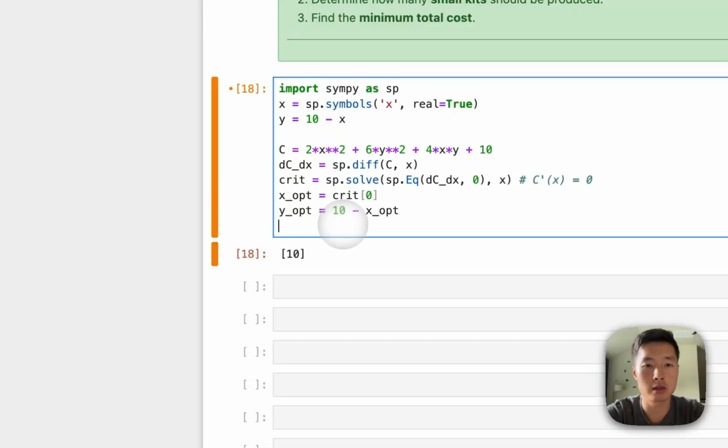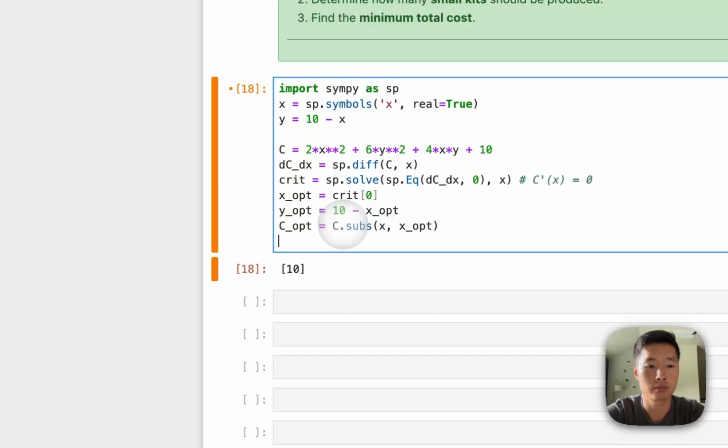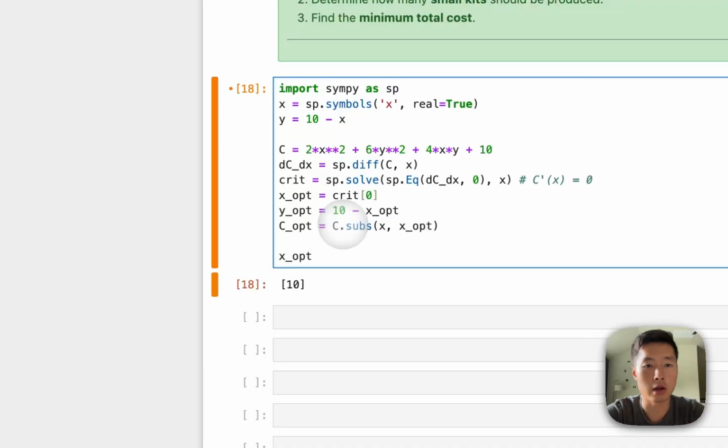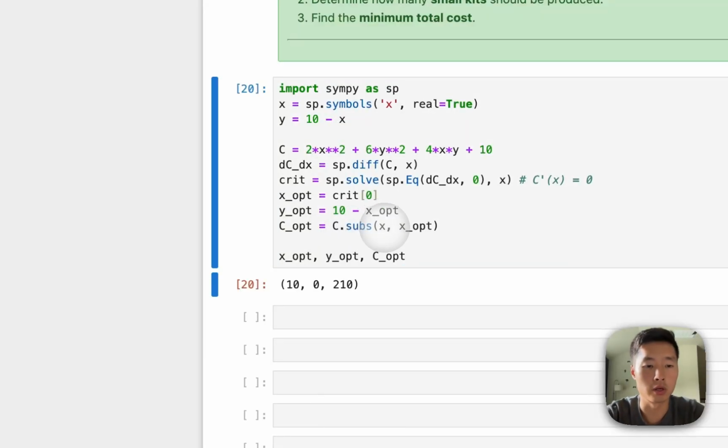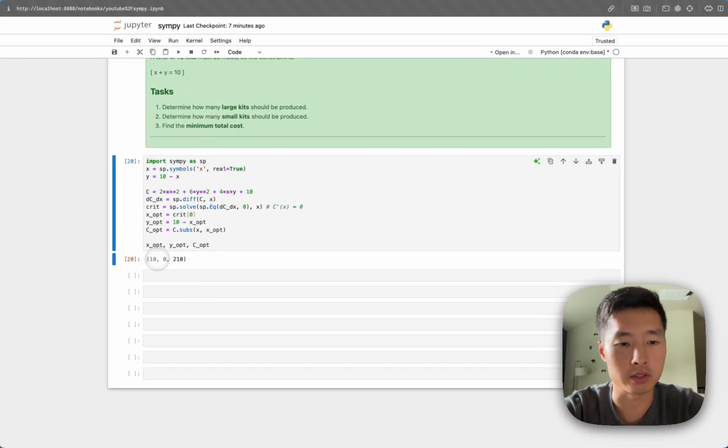So we know x_opt is 10, y_opt is 0, and then we can output the values. So here, x is 10, y is 0, c_opt is 210. We plug the solution back to get the number of small kits, and we substitute into the cost function to get the minimum cost.